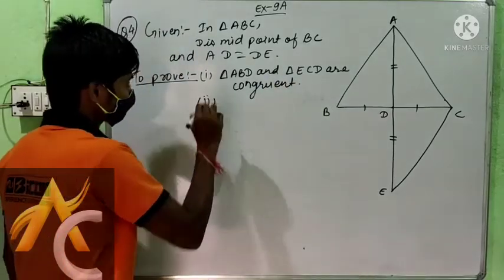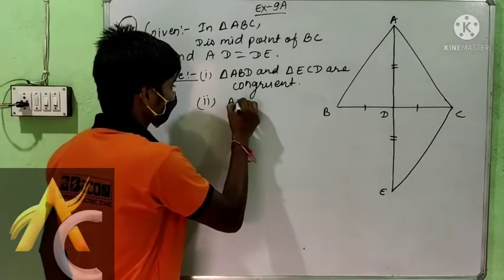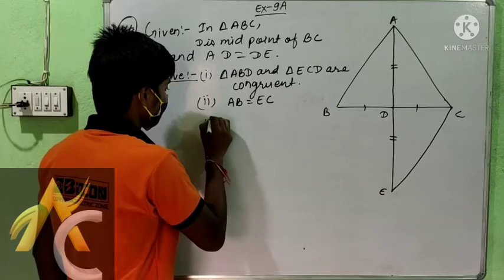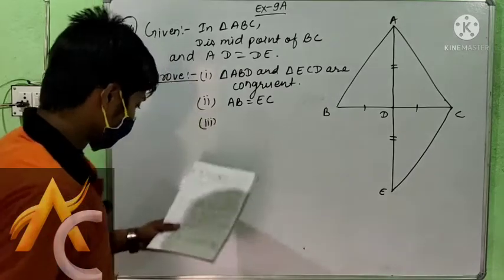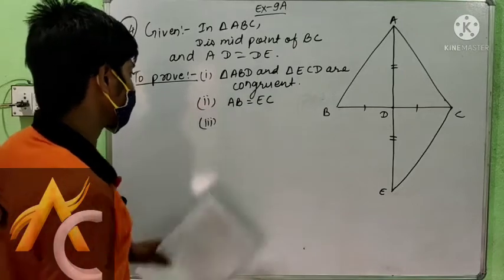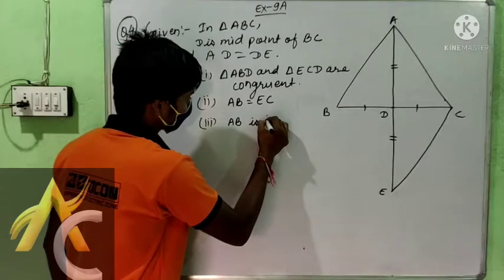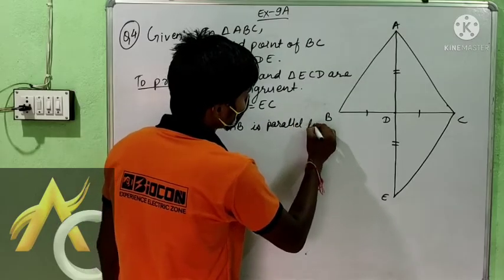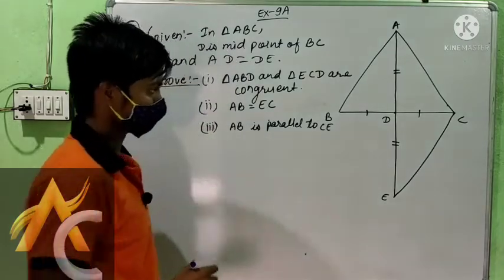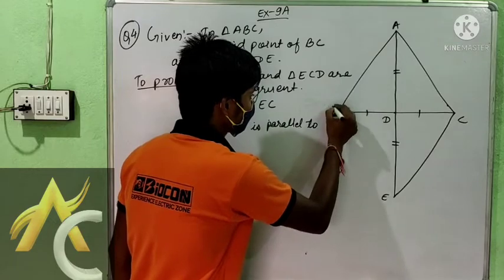Number two, we have to prove that AB is equal to EC. And in 3, we have to prove that AB is parallel to EC, or CE. It is given that EC here.